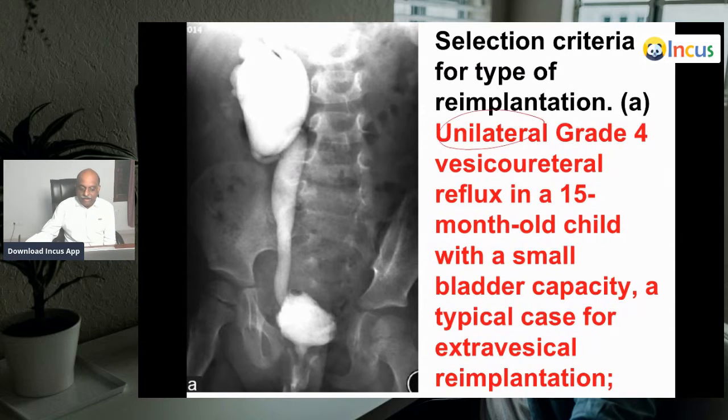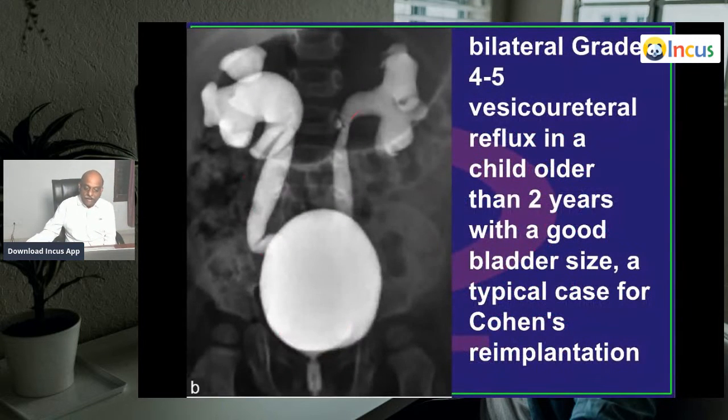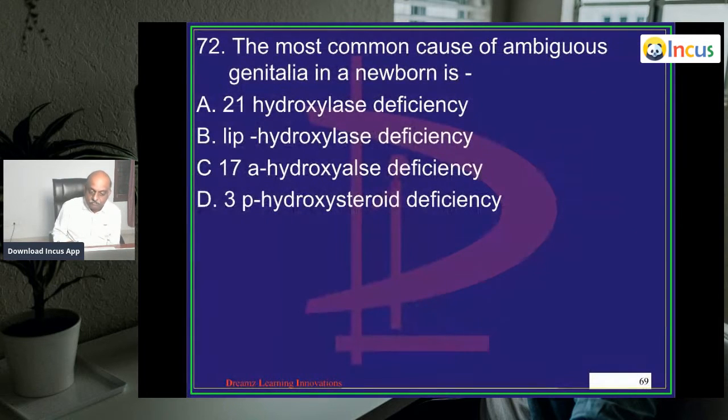If it is a unilateral grade 4 vesicoureteric reflux in a 15-month-old child with a small bladder capacity, that is a typical case for extravesical implantation. Whereas for bilateral grade 4 vesicoureteric reflux, child older than 2 years, good bladder size, you do Cohen's reimplantation. So that's what you need to remember.